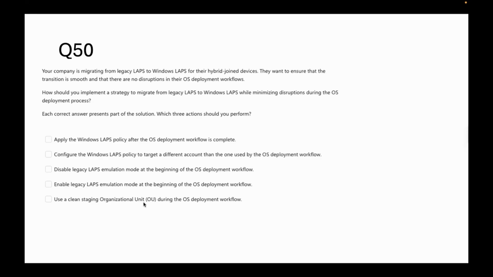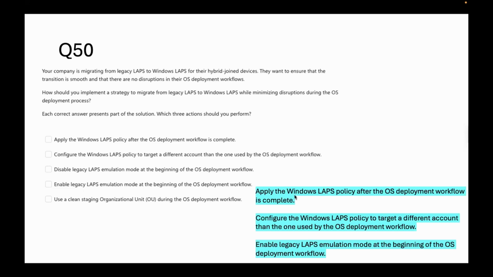So I think the right answer is going to be apply the Windows LAPS policy after the OS deployment workflow is complete. Then we should go with configure the Windows LAPS policy to target a different account than the one used by the OS deployment workflow. And the third option is going to be enable legacy LAPS emulation mode. So let's see. Apply the Windows LAPS policy after the OS deployment.